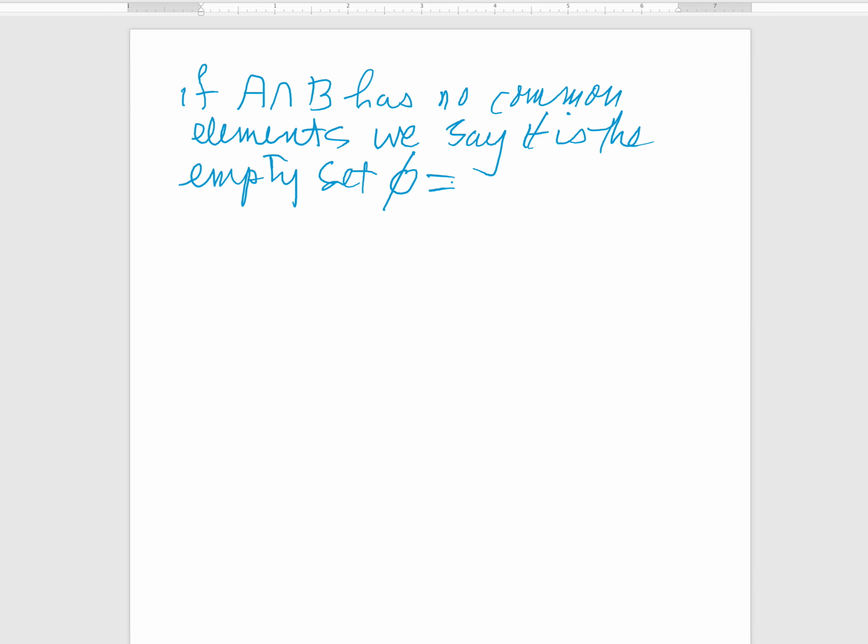You symbolize it like that, or a set with nothing in it. The number of items in the empty set or the null set is 0. So if there is no intersection, A union B means its sets are separate and distinct.